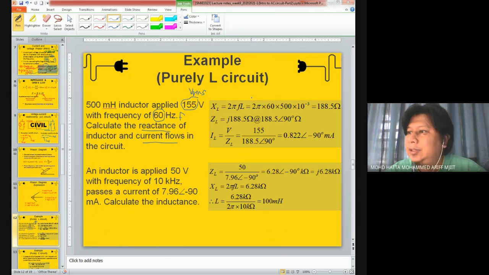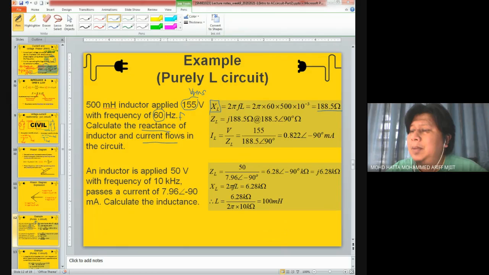to calculate the current flow in the circuit. So here is step by step how you calculate it. First, you need to calculate XL. XL is given by 2 pi FL, and you know the frequency is 60, just substitute it here. After you do the mathematics, you will find that XL is 118.5.